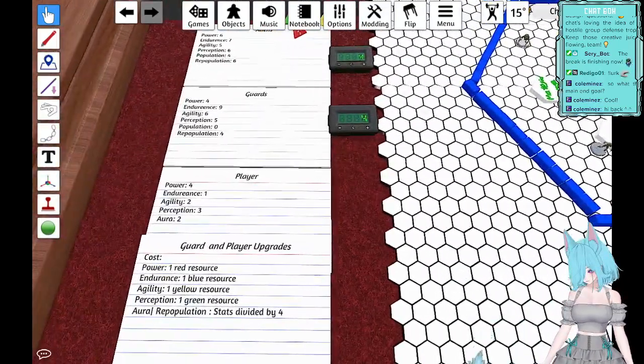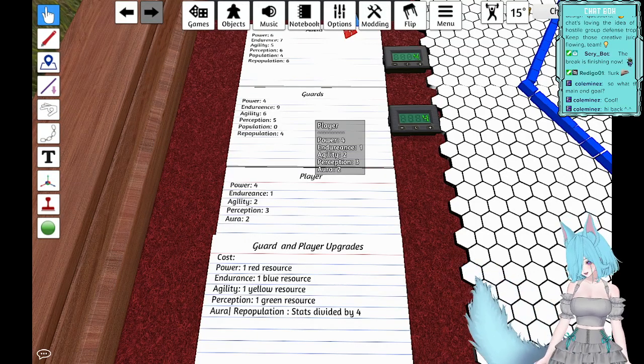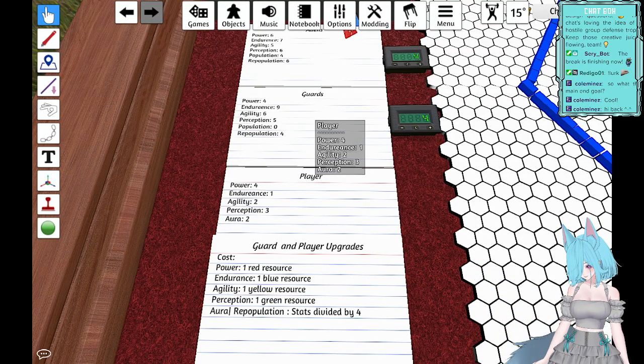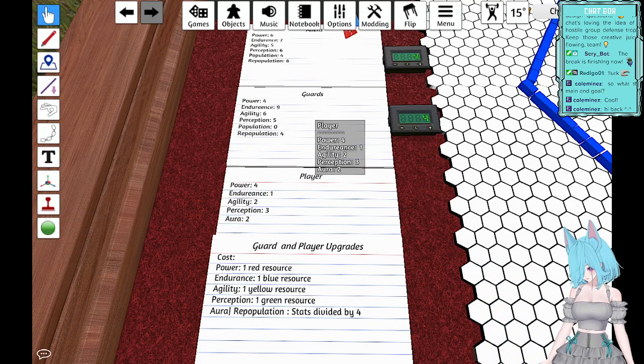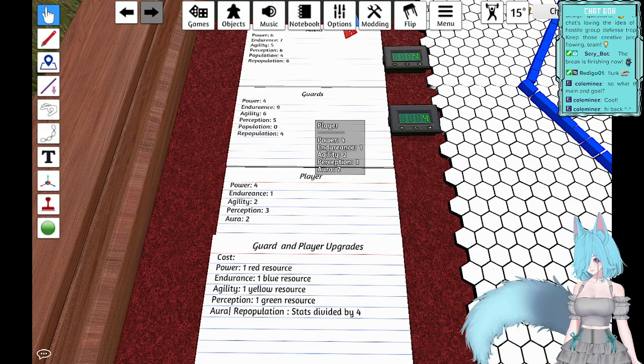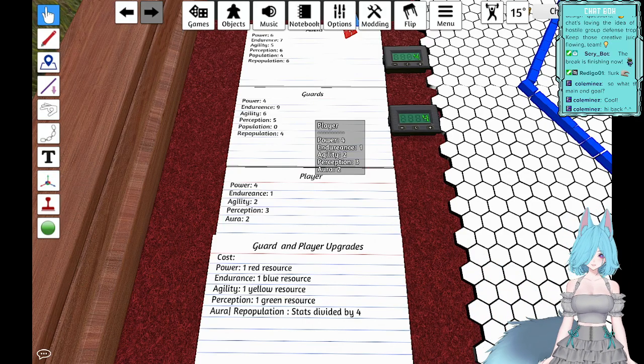Now it's time to calculate our aura, which I think has increased, for better or for worse. I worry for the civilians.